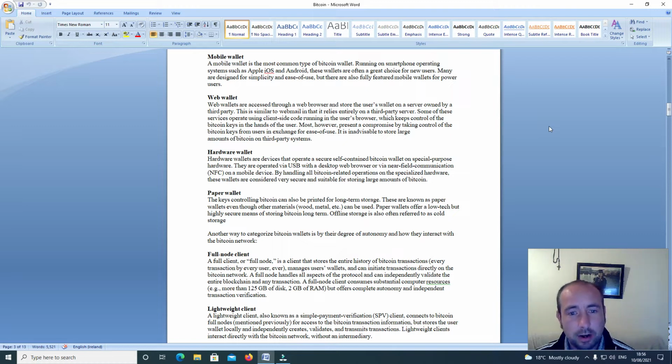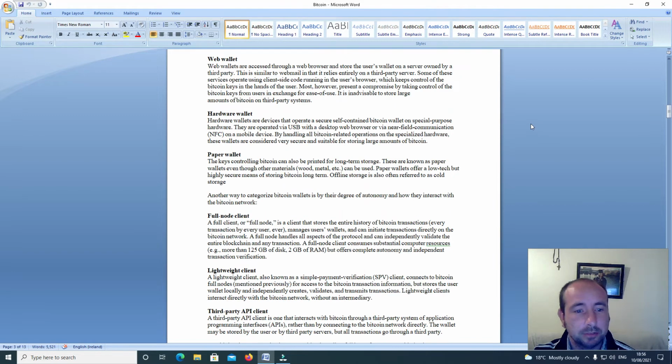Most, however, present a compromise by taking control of the Bitcoin keys from users in exchange for ease of use. It is inadvisable to store large amounts of Bitcoin on third-party systems.